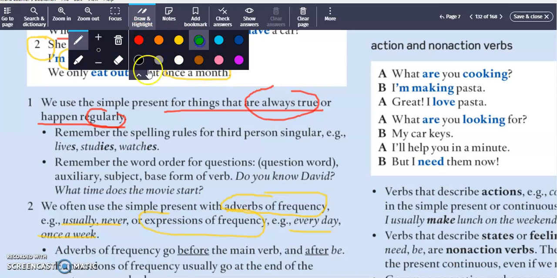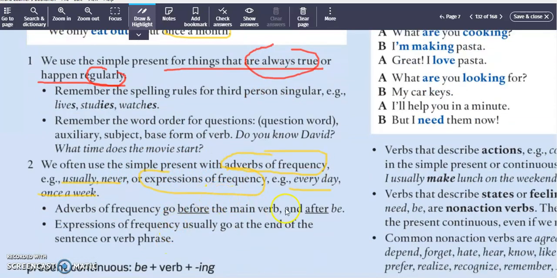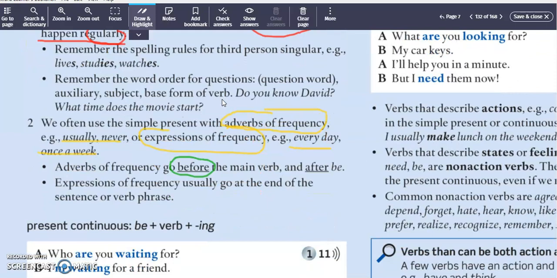We're going to remember that the adverbs of frequency go before the main verb, except with the verb be. Okay? And then the expressions of frequency go at the end of the sentence.